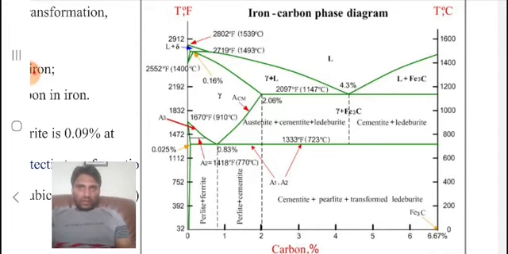So this is exactly what the cast iron's microstructure will be.